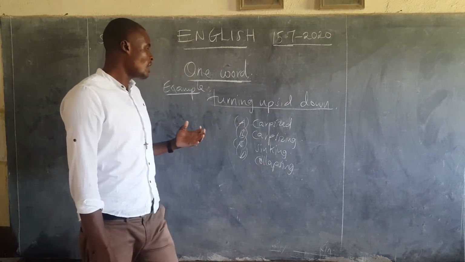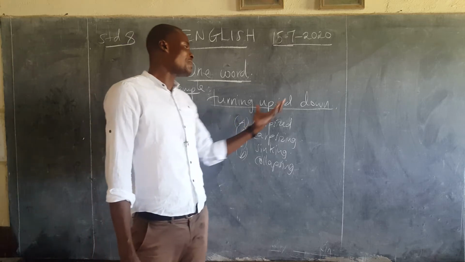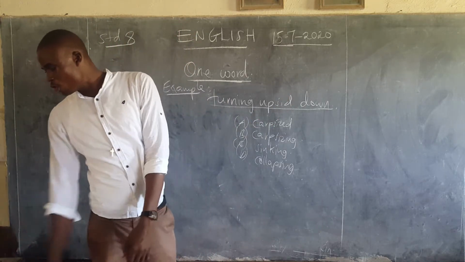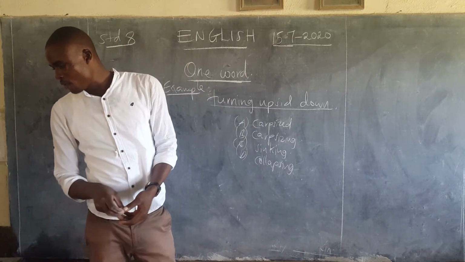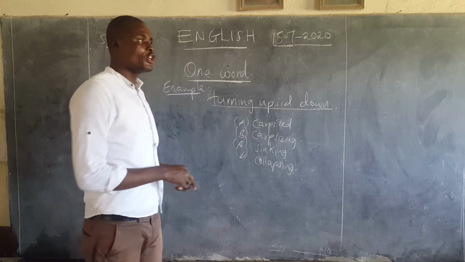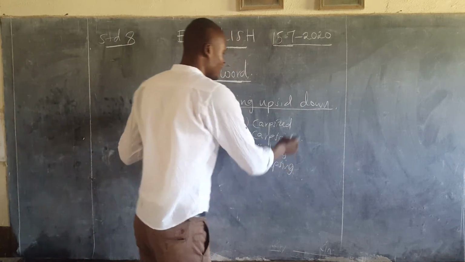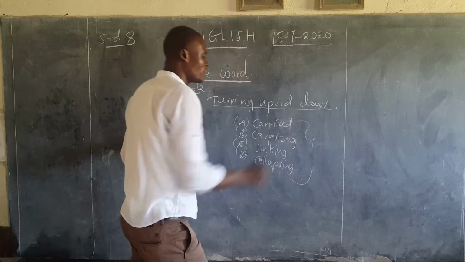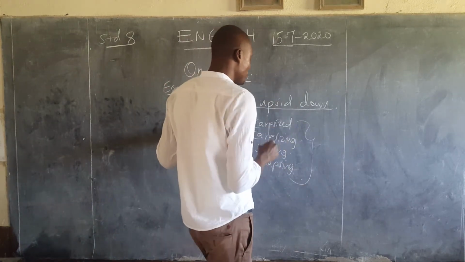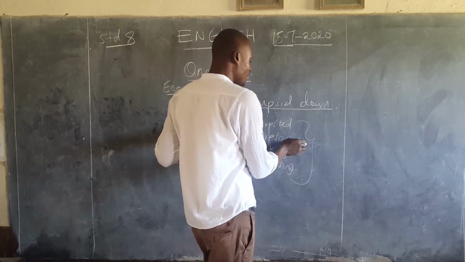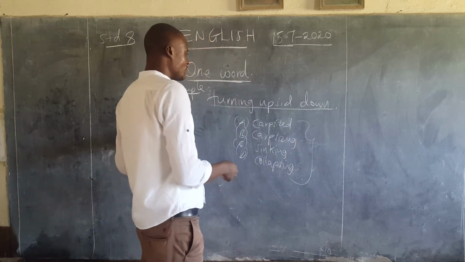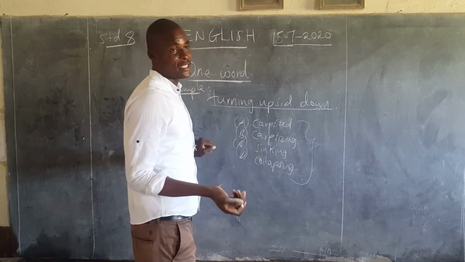We saw a canoe turning upside down in the storm. So it was in the process of turning, meaning your correct choice must be in continuous tense, of which turning upside down is to capsize, yes, we know that.